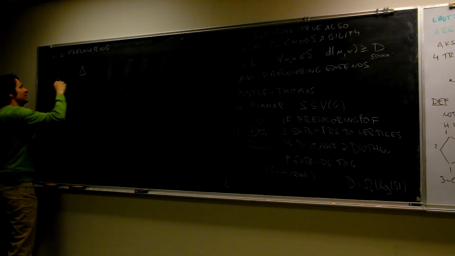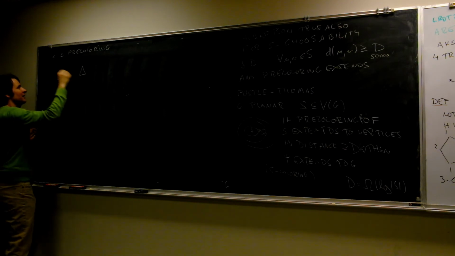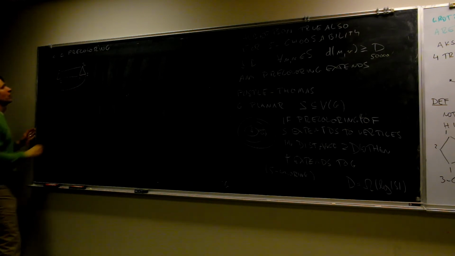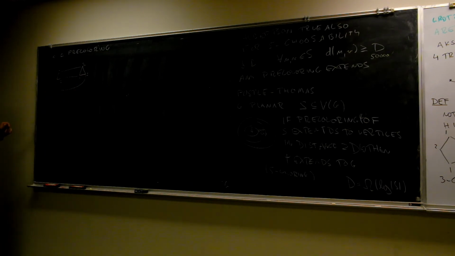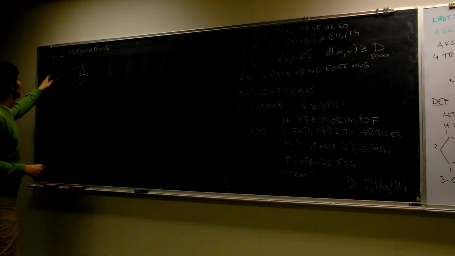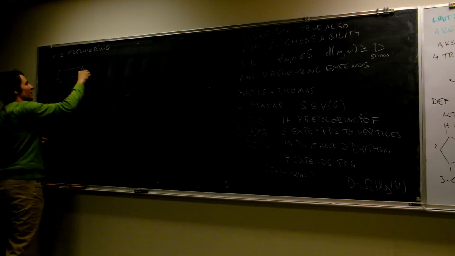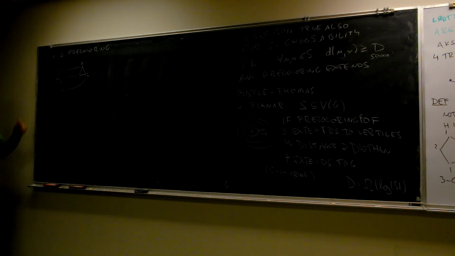Let's say I have this 1, 2, 3, 1, 2, 3, and I want to join it like this. Okay, I want to color it like this. And now it's not a good coloring.